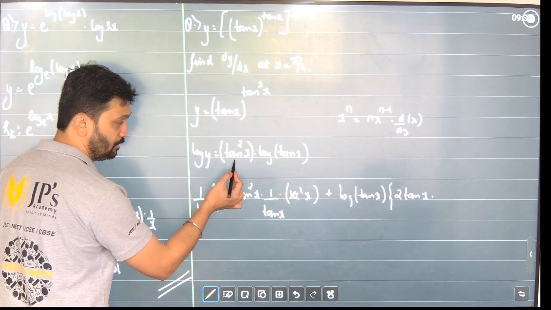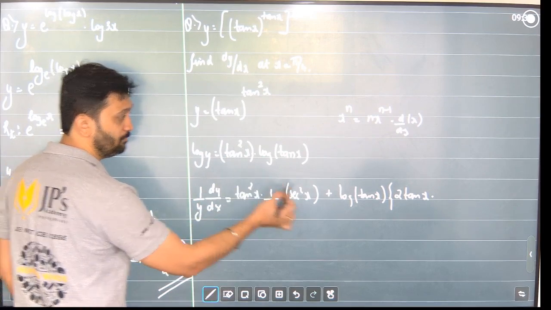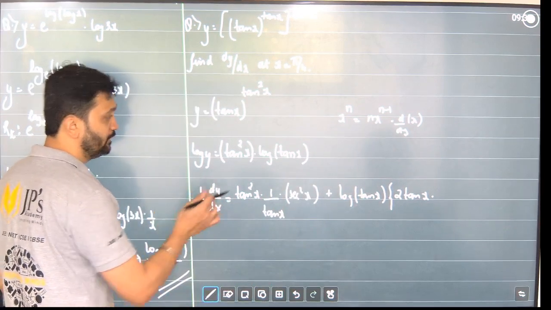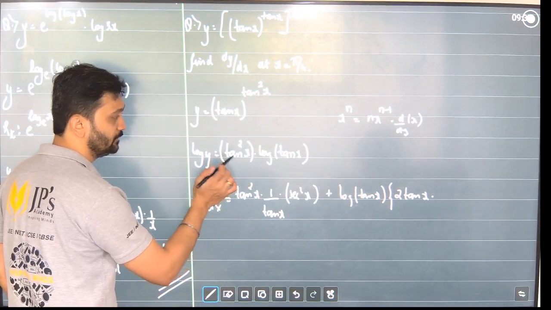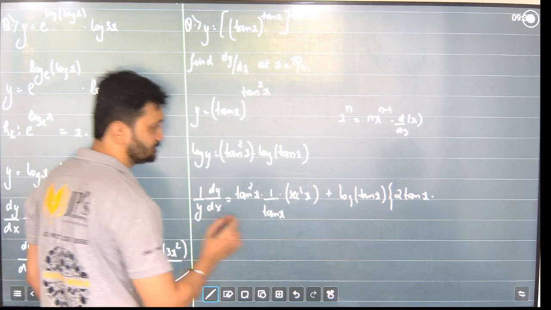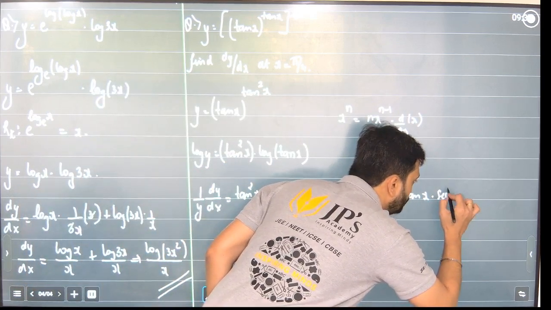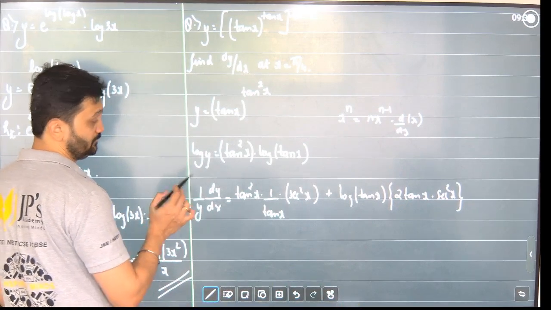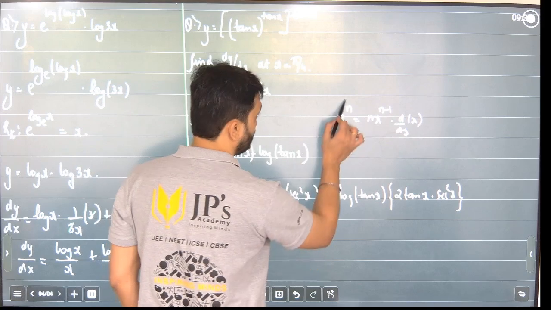Tan x. What is n? 2. So it will become 2 tan x into derivative of tan x. Did you guys understand this? So what is the derivative of tan x, guys? Very good, sec square x. Have you guys understood this? So this is on the same lines of x raised to n.